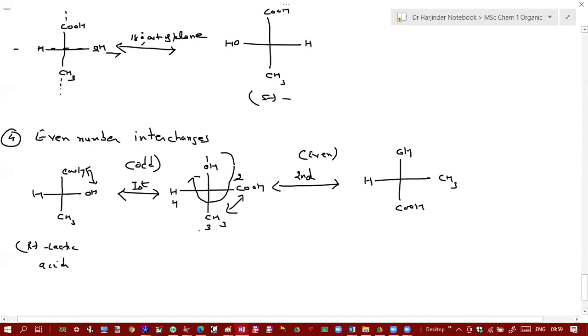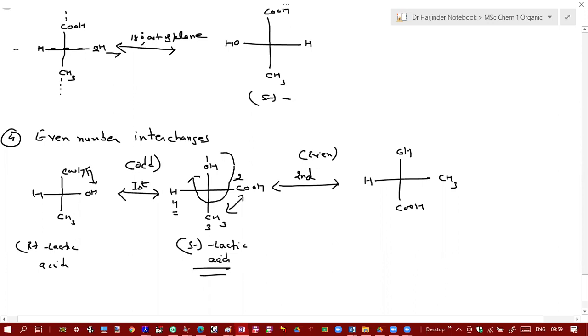Clockwise. It is moving in a clockwise direction, but the lowest priority group is present on the horizontal line, and horizontal represents above the plane. So you have to write down the opposite. Since it is rotating clockwise it would be R, but you have to write S. So it is S lactic acid.